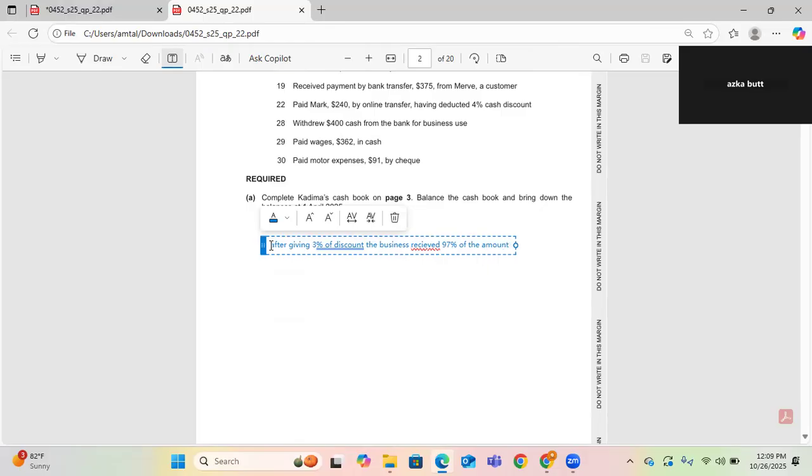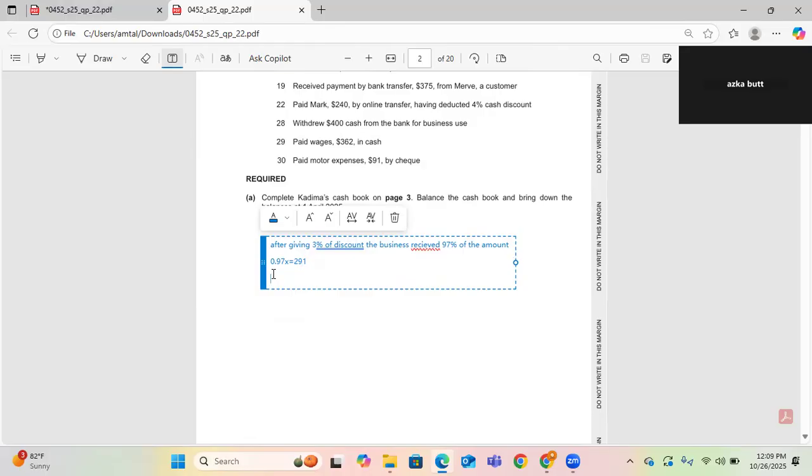Okay, so it means that 0.97, if you divide 97 by 100, 0.97 multiplied by X, where X is basically your original amount, is the 97% you have received, and this is equal to 291, which is the amount after deducting the cash discount.